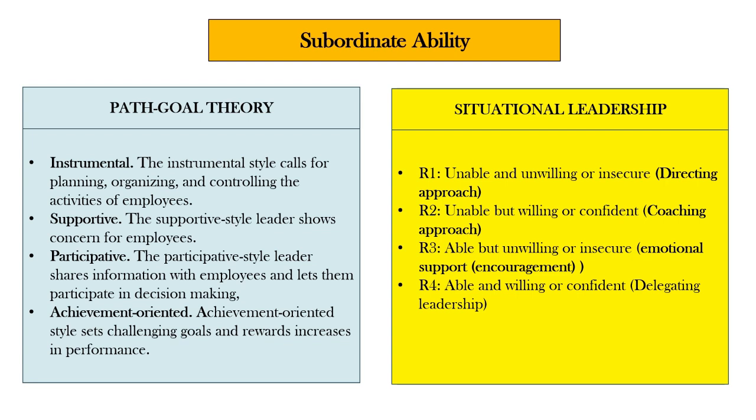The supportive style is showing concern for employees. In the participative style, the leader shares information with employees and lets them participate in decision making. And the achievement-oriented leader sets challenging goals and rewards increases in performance.